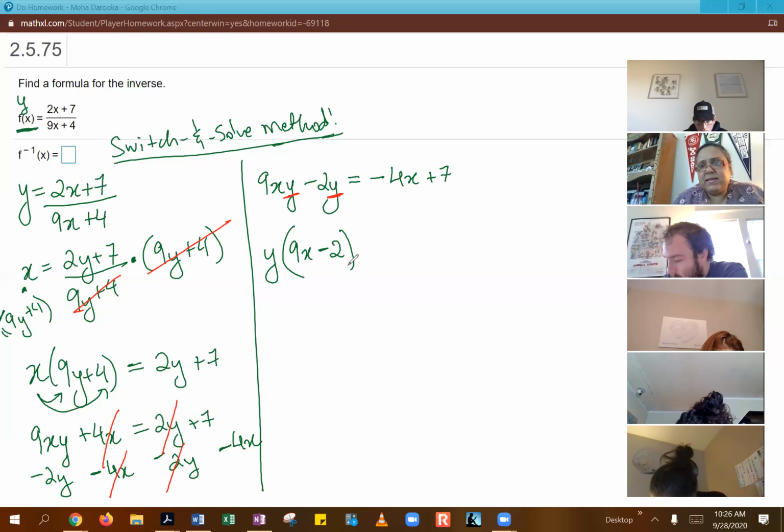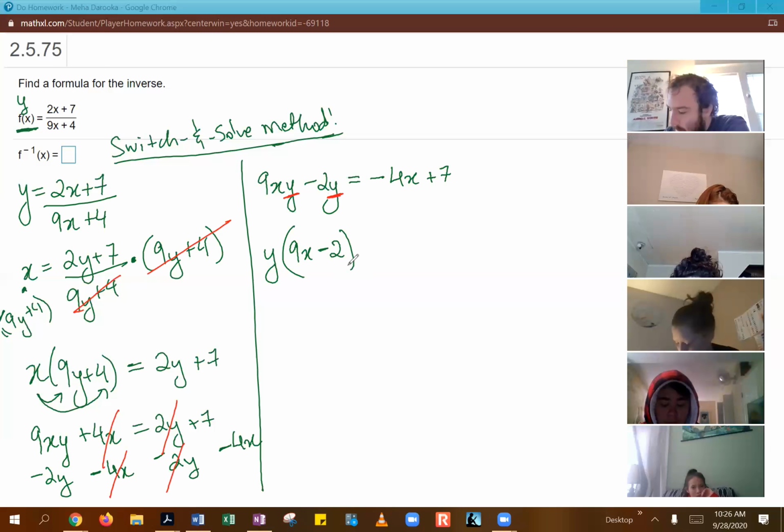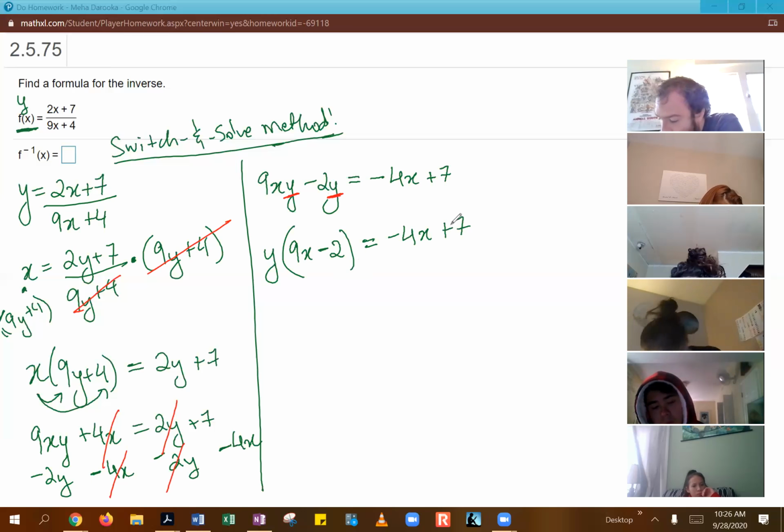Do we see that, guys? Anybody have a question up until this point? Of course, your right-hand side will stay the same, minus 4x plus 7. Now what will you do to get that y by itself since you have y times (9x minus 2)?